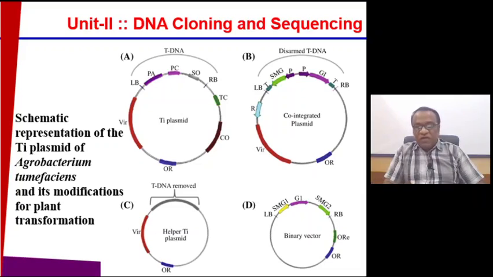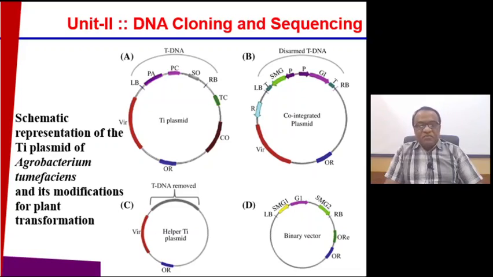You have four figures over here, figure A, B, C and D. A represents the Ti plasmid, B represents the co-integrated plasmid, C represents the helper Ti plasmid and D represents the binary vector. So what happens in A, B, C and D?